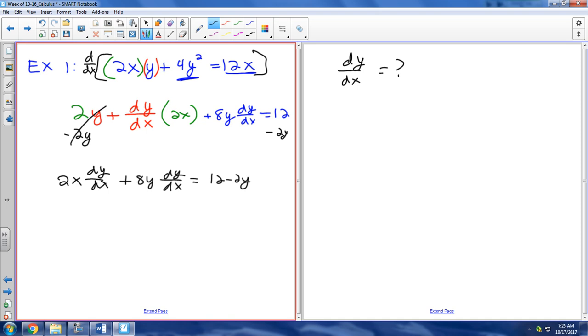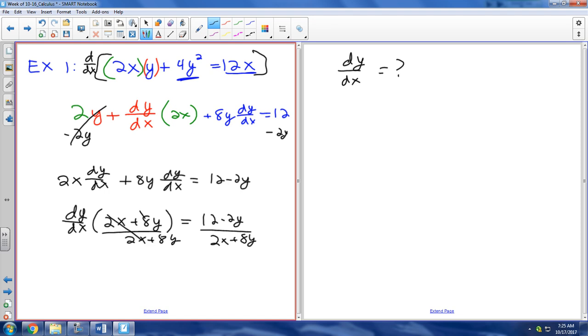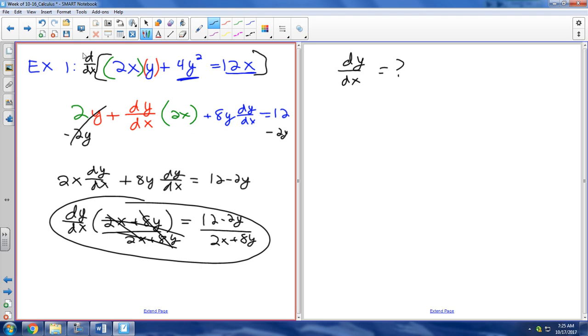Now we have to pull the dy dx out, which is 2x plus 8y equals 12 minus 2y. And when we divide through by 2x plus 8y, we have our answer, which is dy dx. We were looking for that, so this is done.